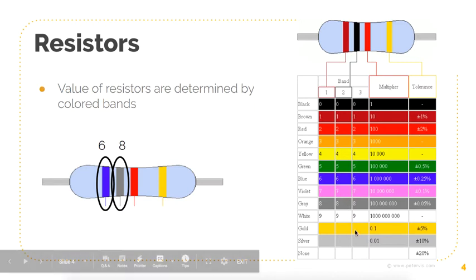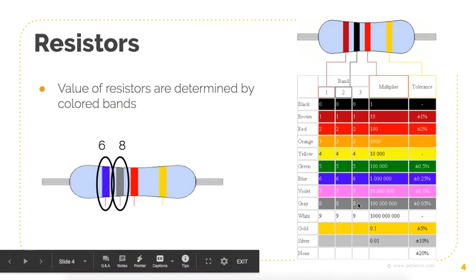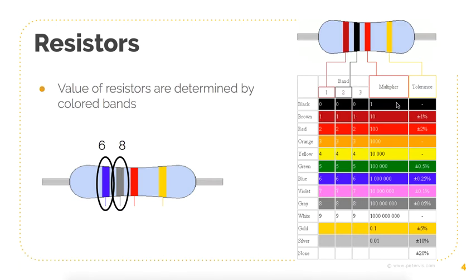And then in 4-band resistors, the third color is the multiplier. So we're actually going to skip this column here and go right to the multiplier. So we see that that third band is red. The multiplier is 100. So essentially you're doing 68 times 100, and that's the value of the resistor.